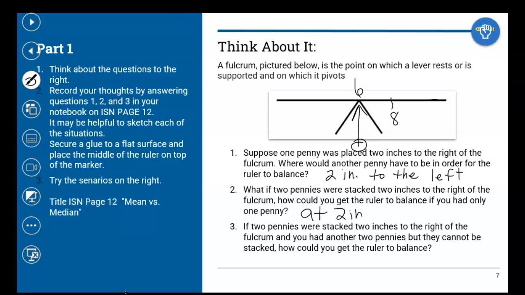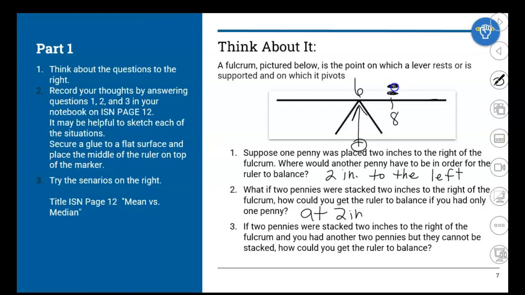Alright, so I had a table do it already, so I'm going to show the results, and yours should be the same, because everyone's pennies that are stacked to the right of 6 are at what point? 8 inches, okay? So if they're here, then based on the balance, your other 2 pennies should be at 3 and 5 to be balanced. So if you calculate this, what's 3 minus 6? -3. Okay, so that's the distance from the penny to the balance pencil.